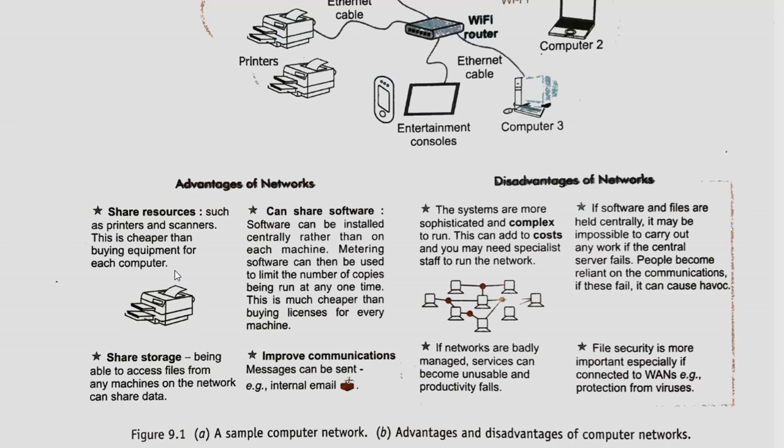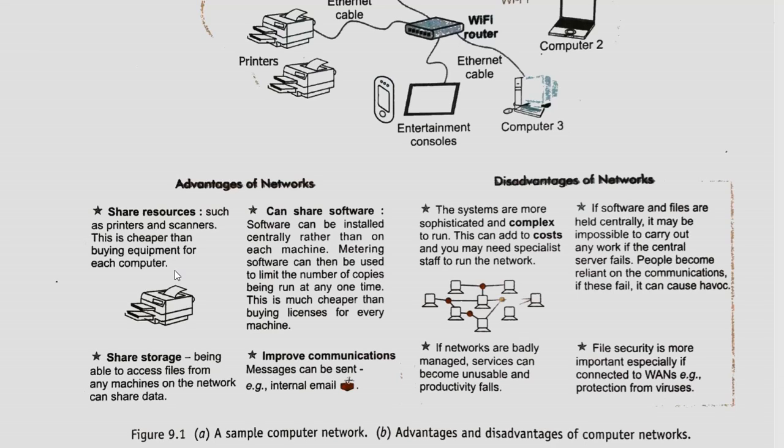If everybody has created their documents, they will use that same printer, since all the systems are connected to the same network, and the printer is also connected to the same network. So it will help you to share the resources for different systems, and the different projects can all be printed through a single printer. So what it has done is minimize the cost of buying equipment separately for each computer.